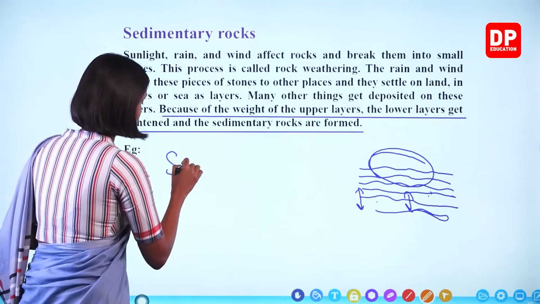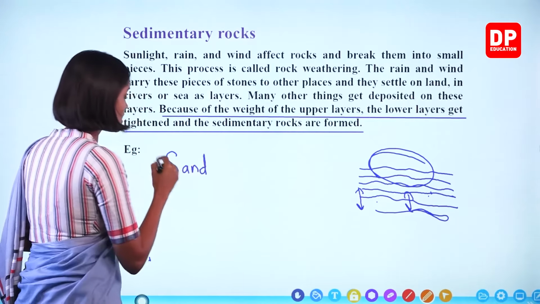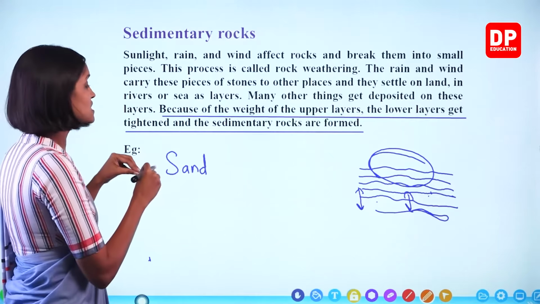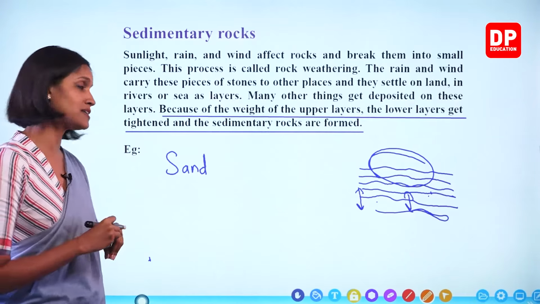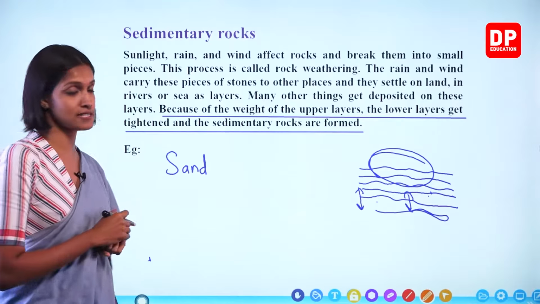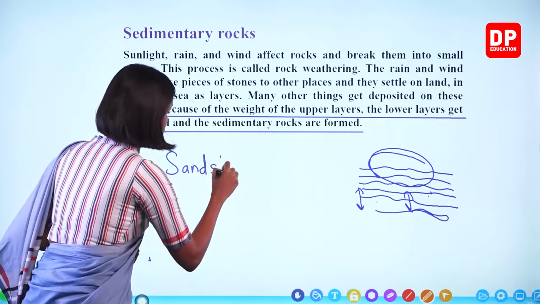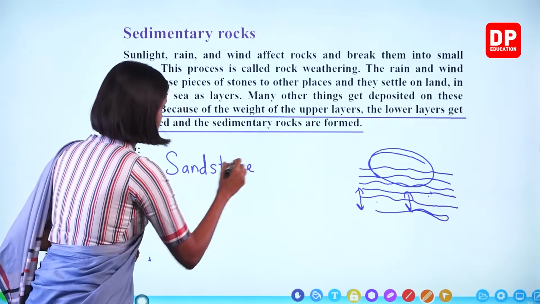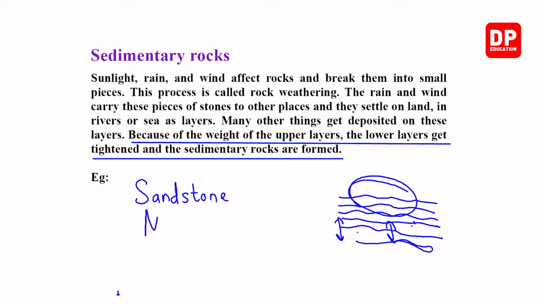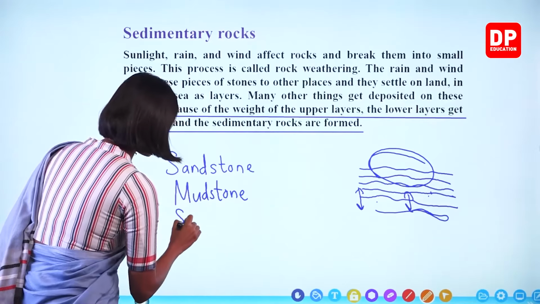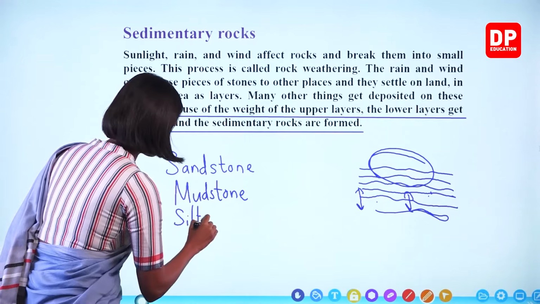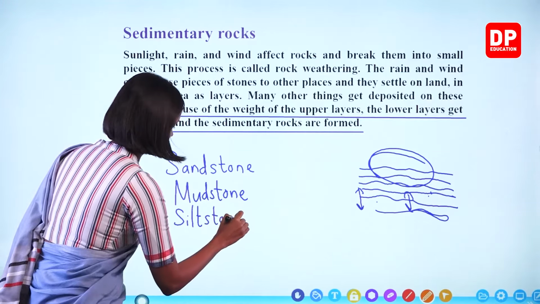Sandstone. Now, sandstones are made by compressing small sand particles. Mudstones are formed by mud particles. Siltstones.